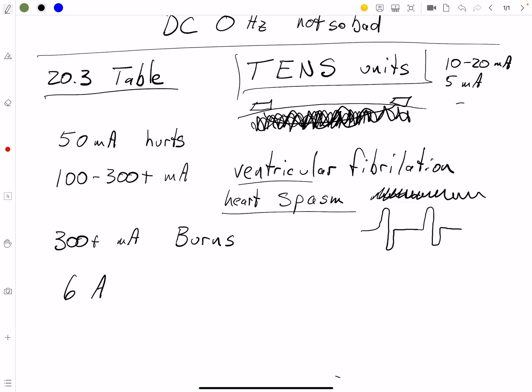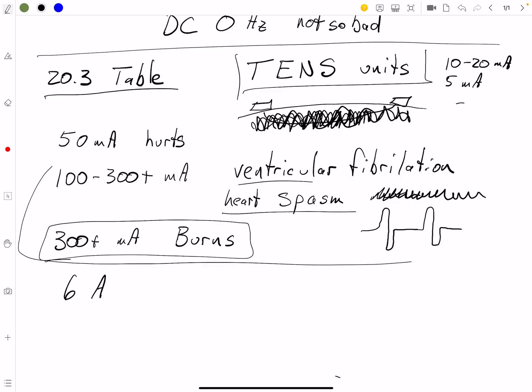Limit this as much as possible. At 6 amps, you are in trouble. You can die in this situation. These will kill you. 6 amps will for sure kill you.